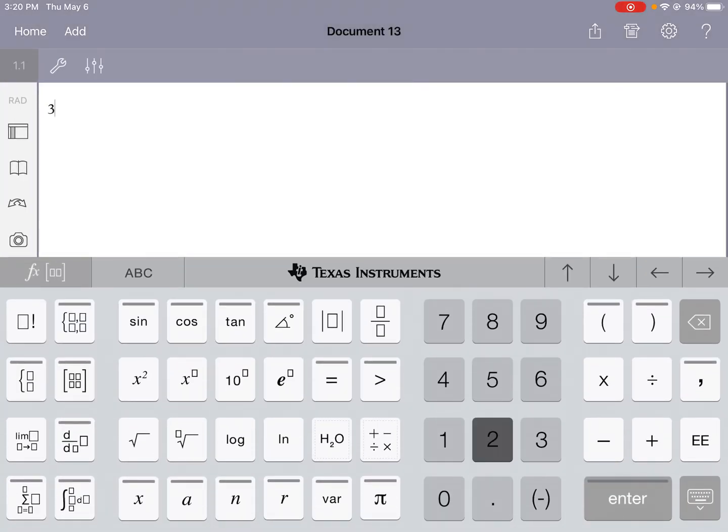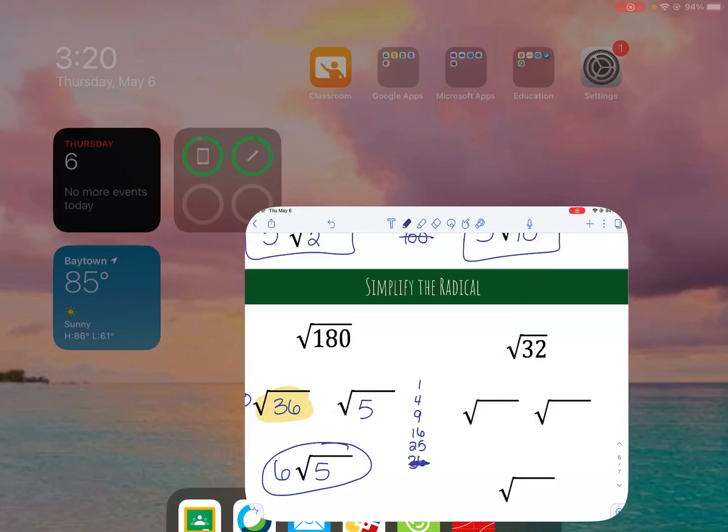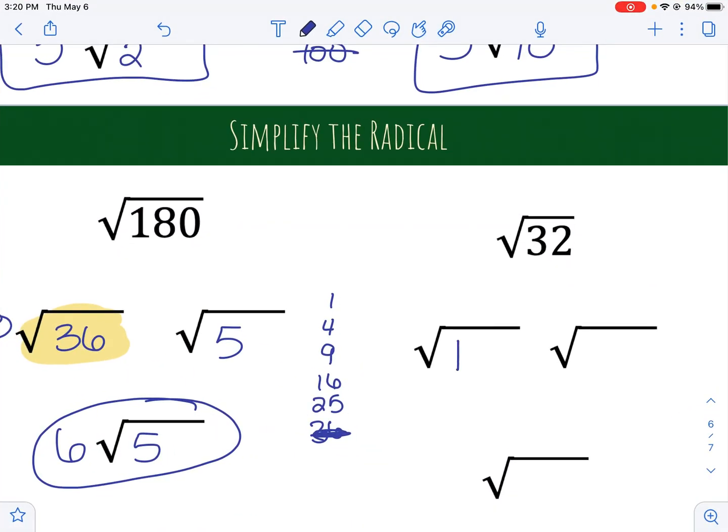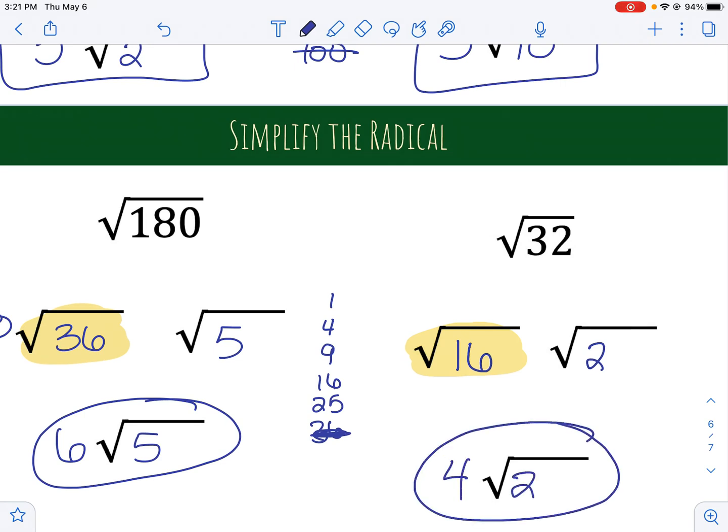Okay, so I had 32 divided by 25, decimal. 32 divided by 16. It looks like that one works. So 16 times 2. So 16 is a perfect square, and that would be 4. And we get 2.